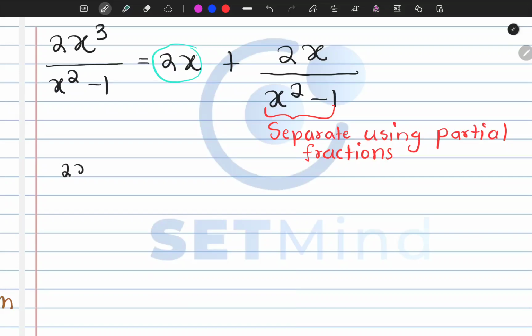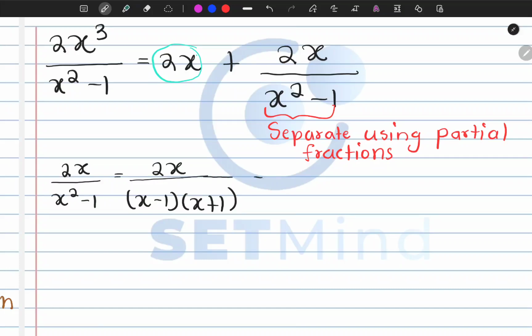So if you look carefully, we have 2x divided by x squared minus 1, which we can easily split into linear factors in the denominator. It will be x minus 1 and x plus 1.